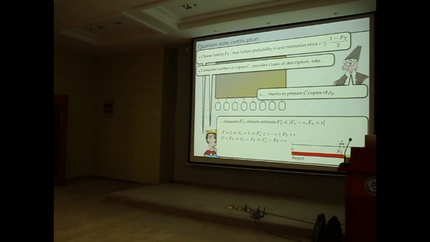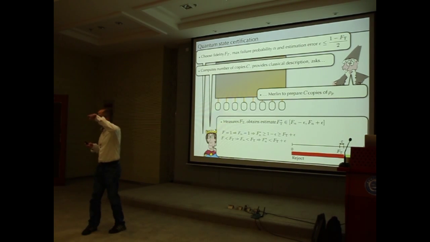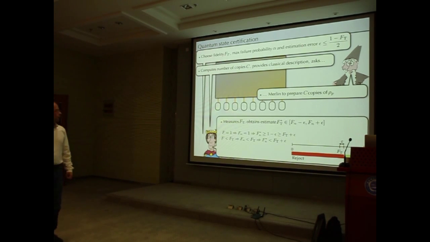Then Arthur would make the measurements, like homodyne measurements, and if he estimates the fidelity in the right way and accepts, he can be sure that the state in the lab is, up to this fidelity ball, the anticipated state.